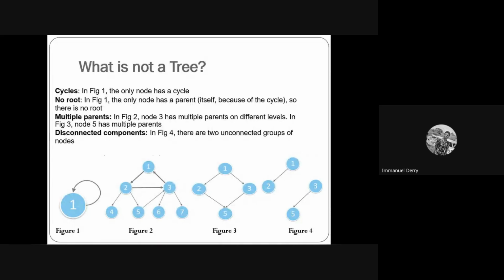So in figure 2, node 3 has multiple parents on different levels. And in figure 3, it has multiple parents as well. And then disconnected components, which is in figure 4, there are 2 unconnected group of nodes. And that is what we have over here.